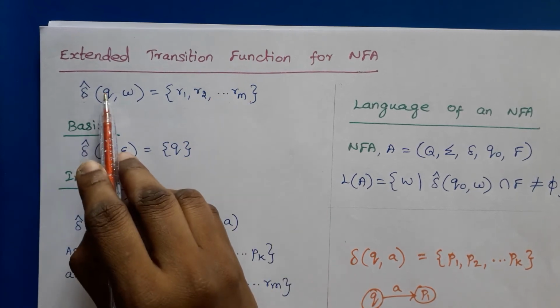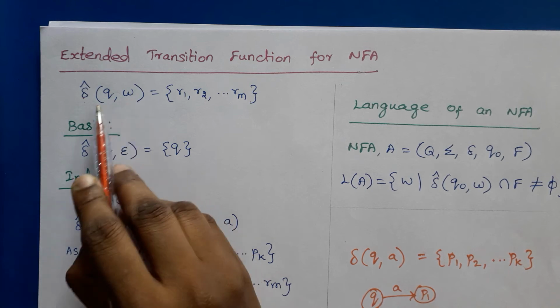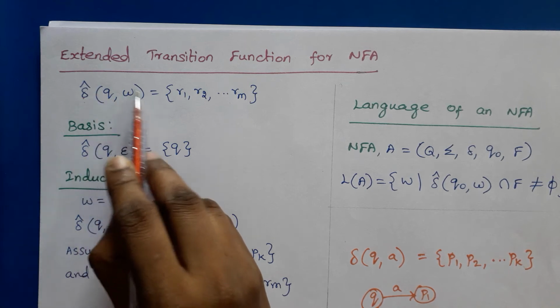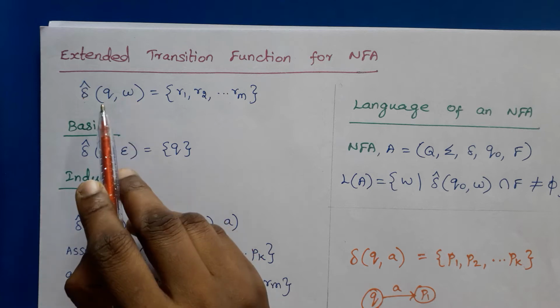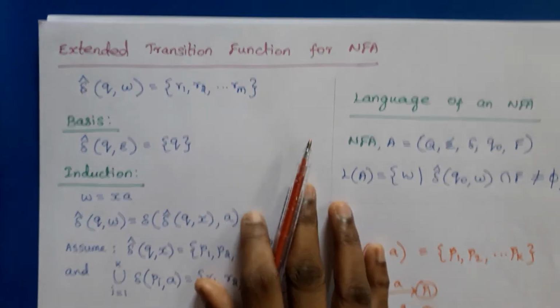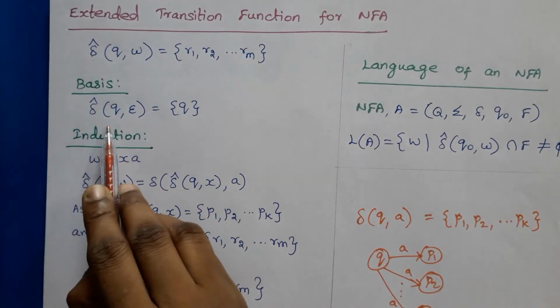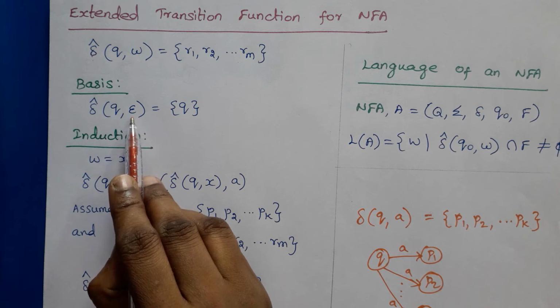The meaning is q is the current state, w is an input string. After reading all symbols of w, the NFA may be in r1 r2 up to rm, some m number of states. So this is a formal definition. The basis case is delta cap of q comma epsilon is equal to q.